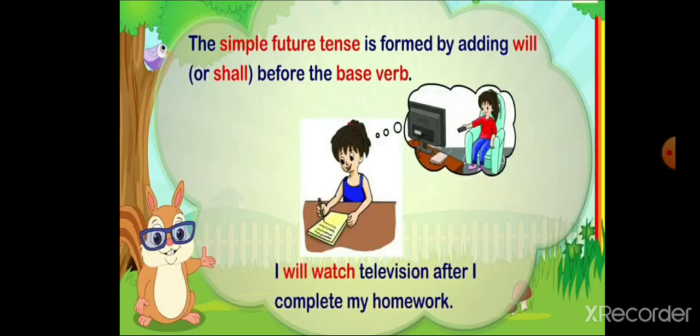Let's see the example. I will watch television after I complete my homework. This means that after completing her homework, she will watch television. Means in this sentence, will watch shows that the action being performed in the future, right? So this is the simple future tense.